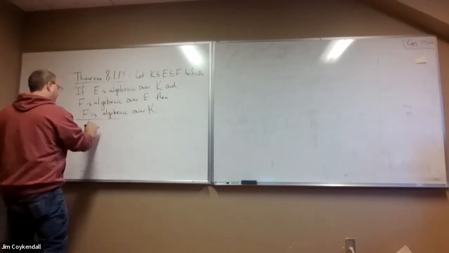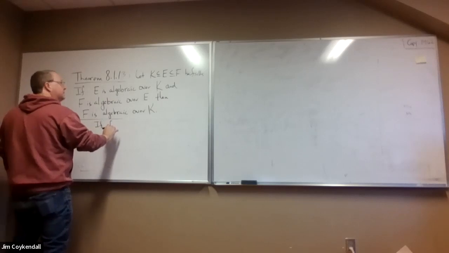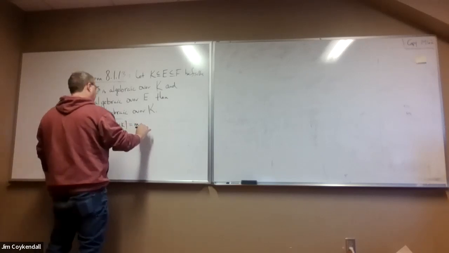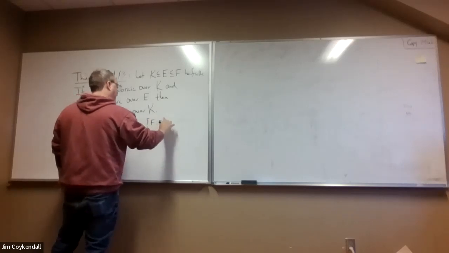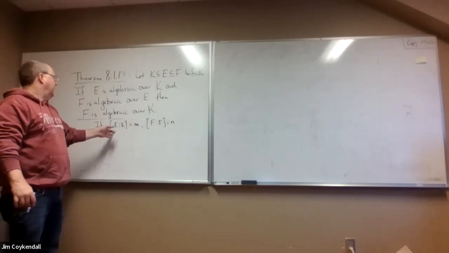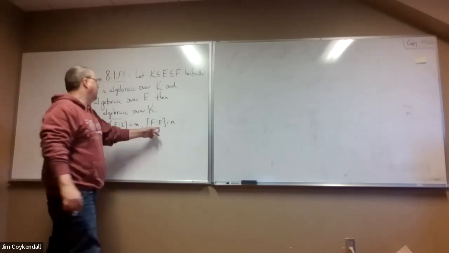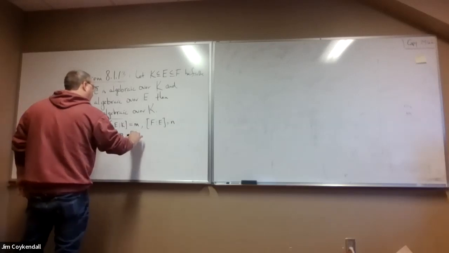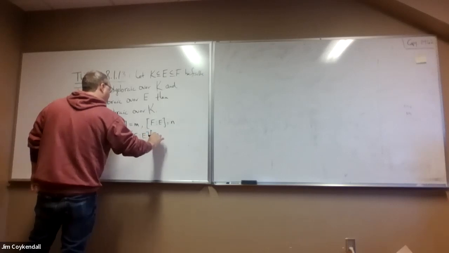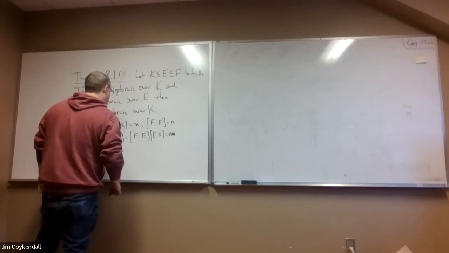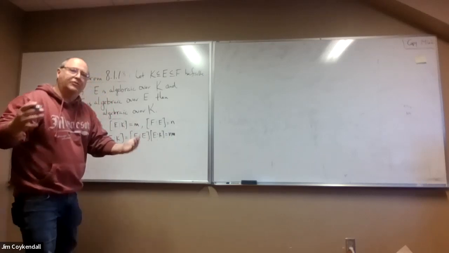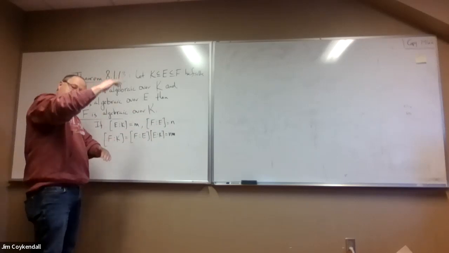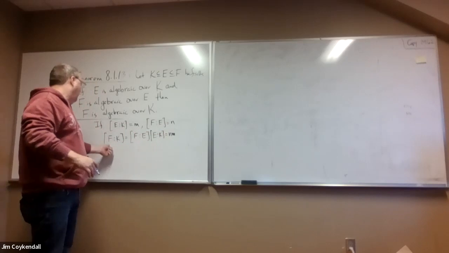Let me point out that if E over K is M, and F over E is N, then the degree of F over K is the degree of F over E times the degree of E over K. Remember, our proof is that all finite extensions are algebraic.